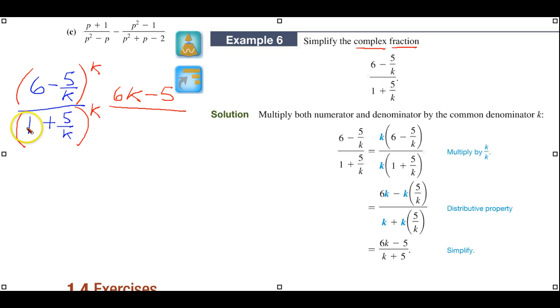And the same thing here. 1 times k is k. And here, when we multiply the second, the k's cancel out, and we get +5. And that's how we do it. They're showing you a little different way, but I think this is the easier way, as long as you know what we're doing.